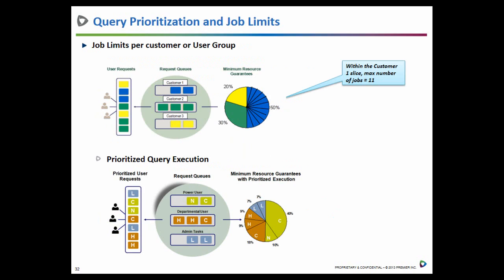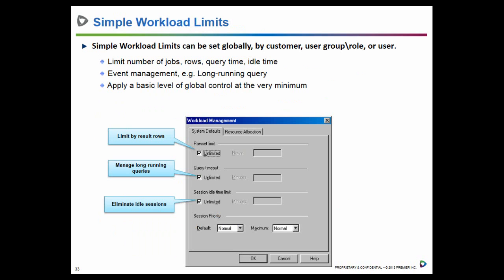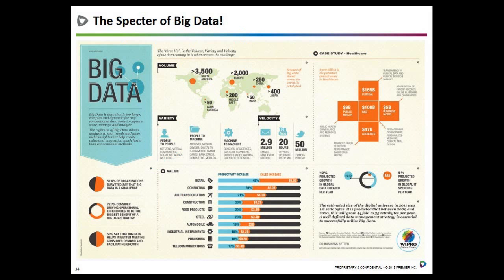So again, this is just another way of seeing how you can set up job limits by customer or user group, or you can set up job limits based on low priorities, higher priorities, critical priority. Another way of workload limits, I'm just going to skip this, and we'll probably talk about this a little more when we do managing users and groups.